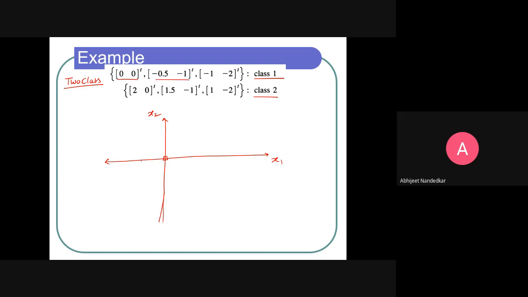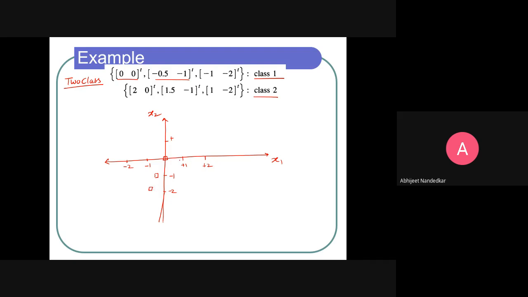So this is minus 1, minus 2, plus 1, plus 2. So this is minus 0.5 and minus 1, somewhere I think here. The next one is minus 1 and minus 2, somewhere here. So these are class 1 samples.